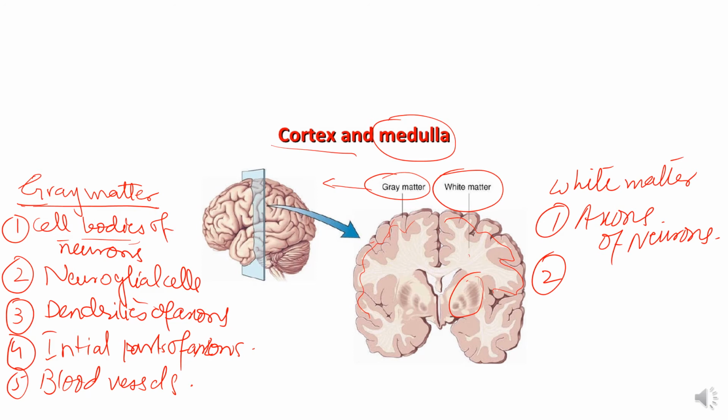Yes, these are the cells of the oligodendrocytes. These are supporting cells and they form the myelin sheath in the central nervous system around the axons of the white matter.